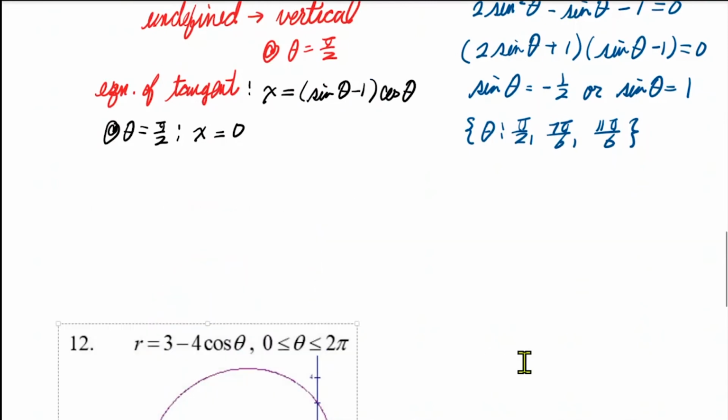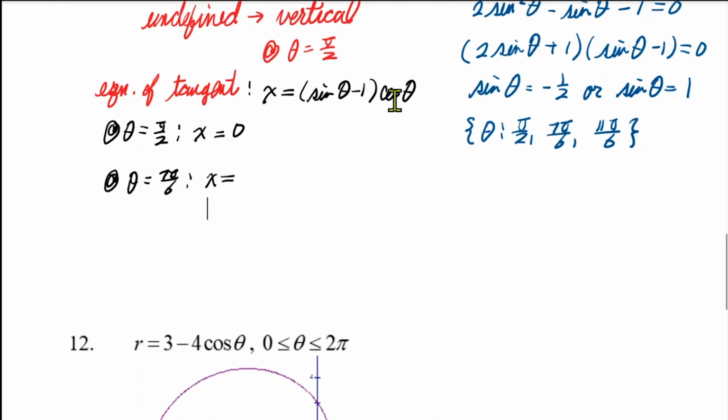Now at theta equal to, let's say, 7 pi over 6, then x will be, sine 7 pi over 6 is negative 1/2, and minus 1, so negative 3 over 2. Good.